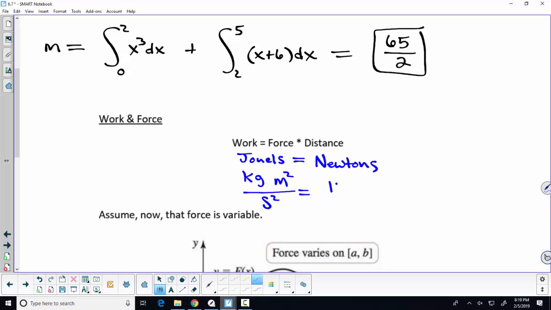Distance is measured in meters, so the units for newtons have to be kilogram meters per second squared. So joules equal our newtons times our distance.